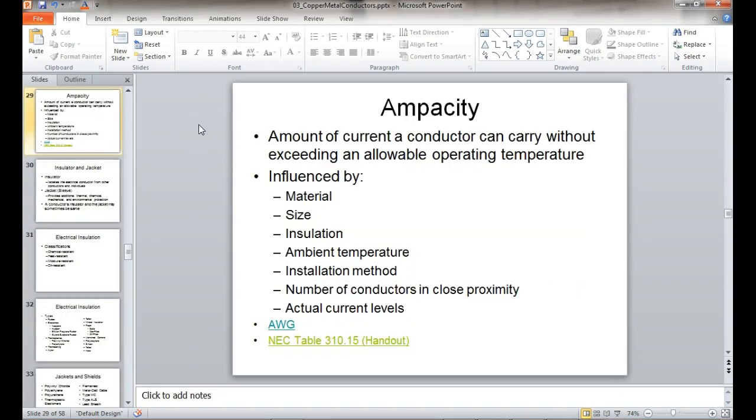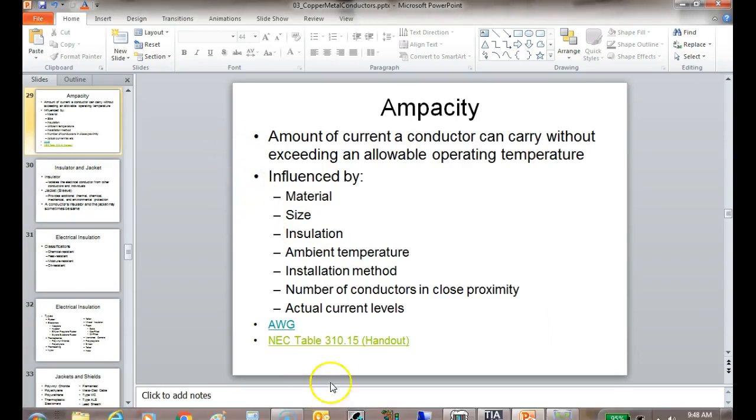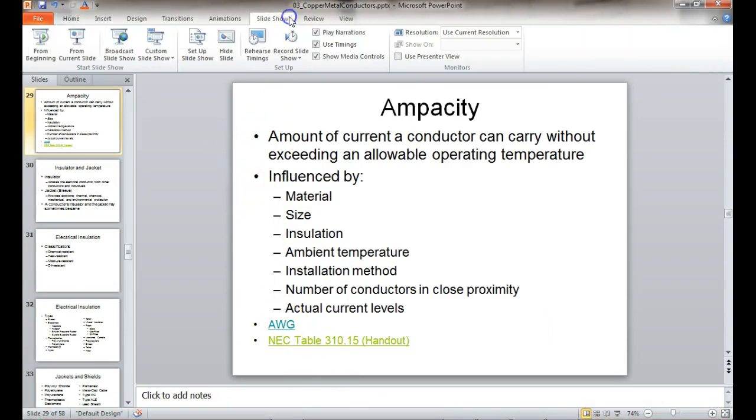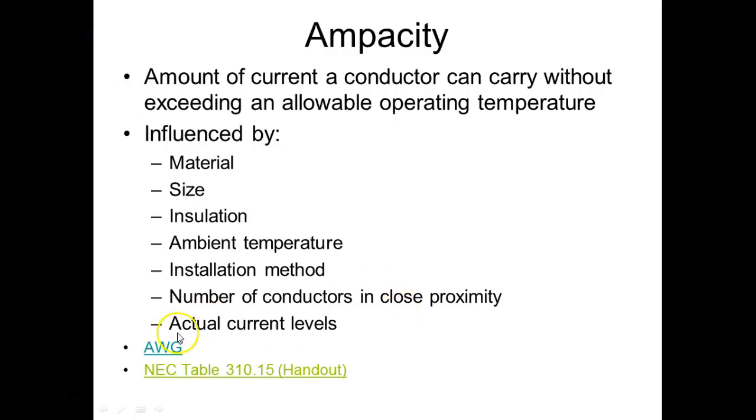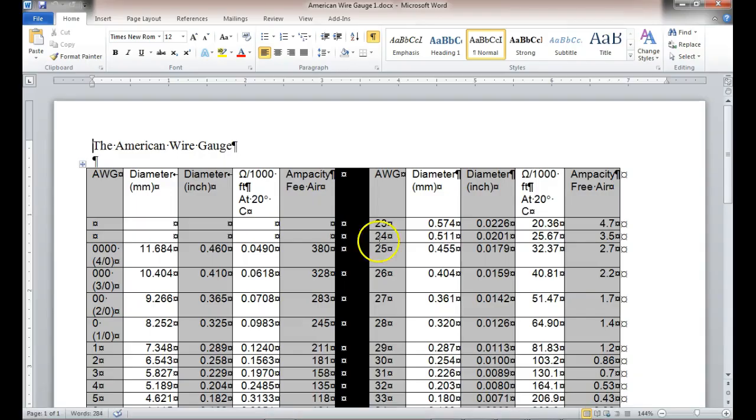We talked a lot about ampacity. We looked at the standard ampacity chart for the American wire gauge, which not only gives the ampacity in free air. Remember, the resistance is determined by the size, the material, the temperature, and the length.